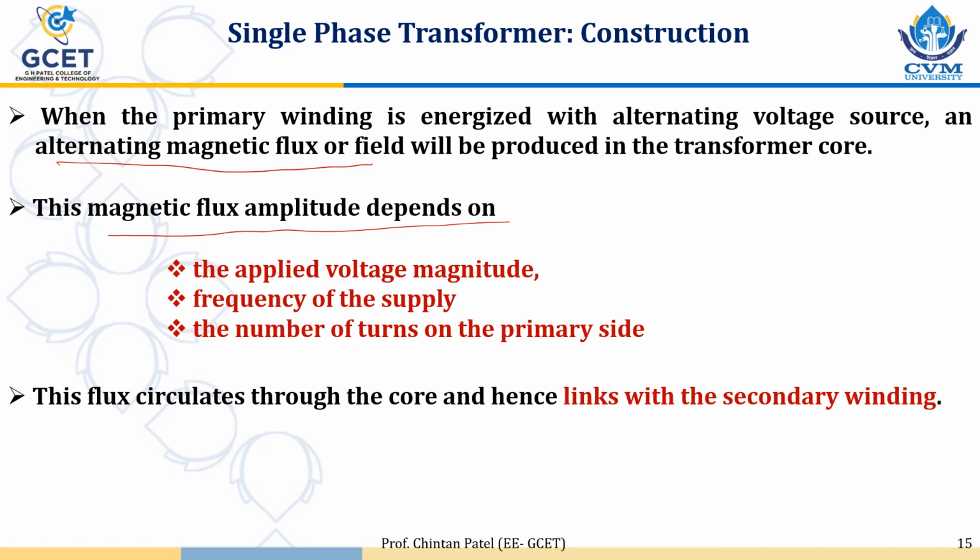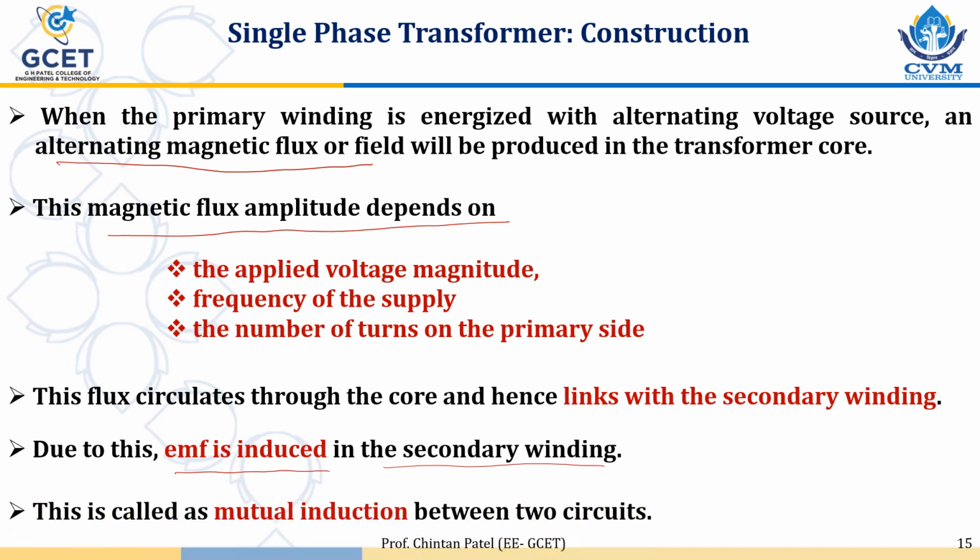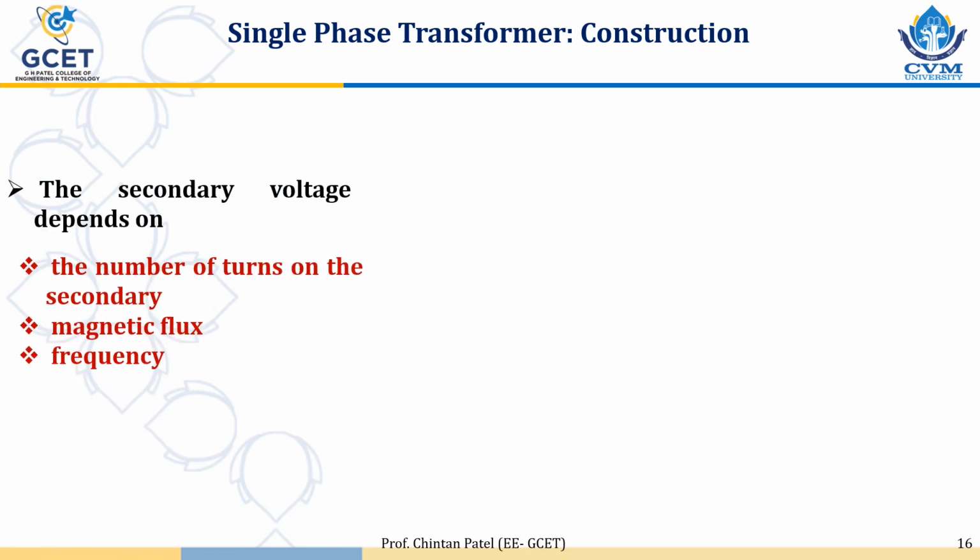This flux links with the secondary, and a mutually induced EMF is induced in the other winding, that is secondary winding, and the phenomenon is called mutual induction between two coils.